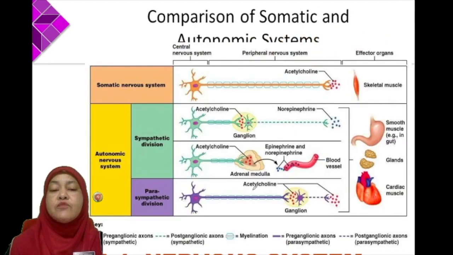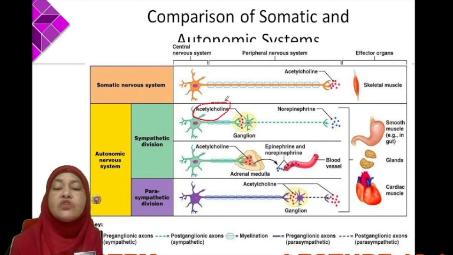From this diagram you can see that for both sympathetic and parasympathetic, the neurotransmitter secreted is acetylcholine.